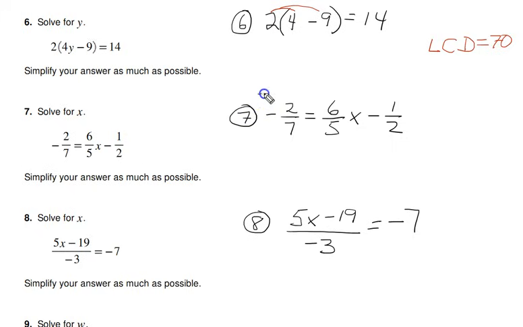So I have to multiply everything by 70. And you want to pick a denominator that will cancel out with what you're multiplying each term by. You're making this equation equivalent. You're making it bigger.